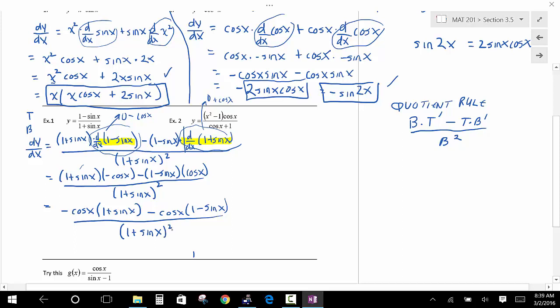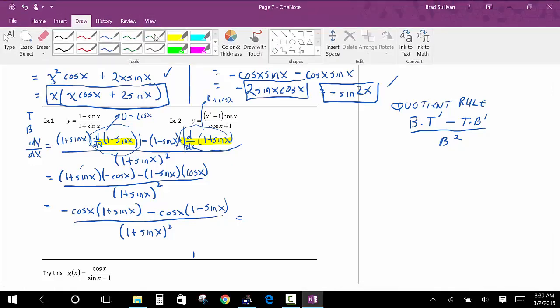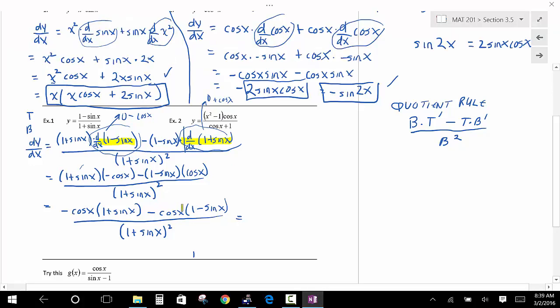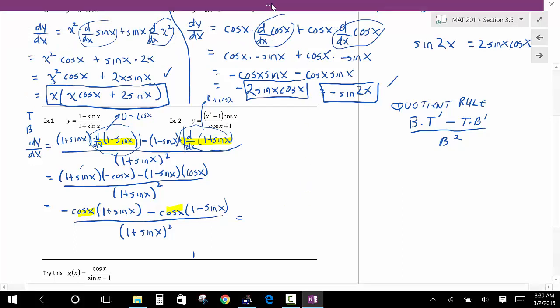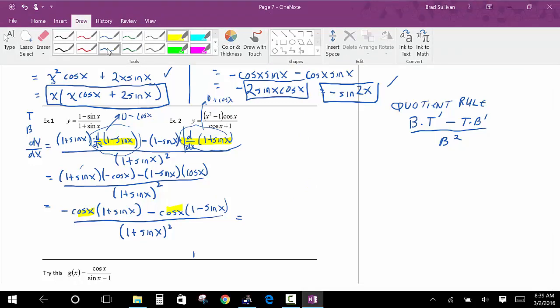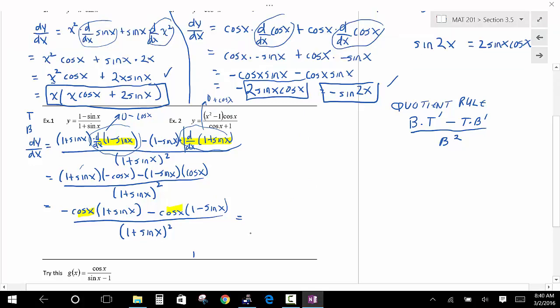Now remember there's a lot of factoring that goes on in these problems. So what I'm going to do with this now is the common factor that comes out. What do you see as a common factor in the numerator? Cosine, that's it. Now 1 plus sine and 1 minus sine are different, aren't they? They're different, so you've got to do this. Factoring is a huge thing in calculus when you're dealing with derivatives.